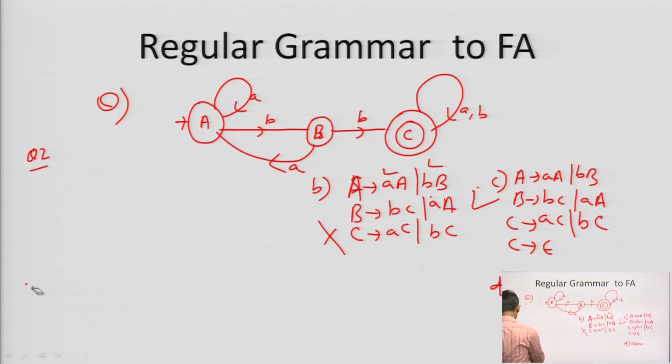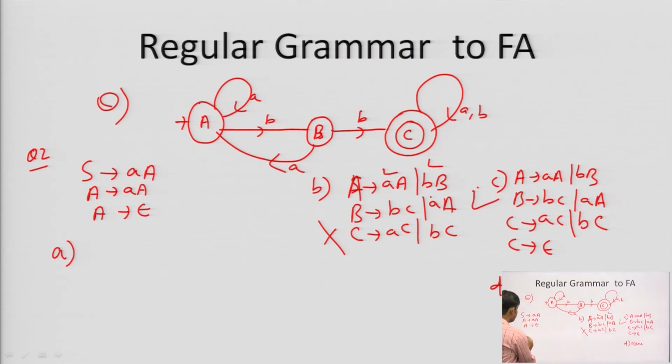Suppose this grammar is given: S to A, and A to A, and A to epsilon. Suppose this grammar is given, how do we convert it to a finite automata? Let me draw the finite automata.